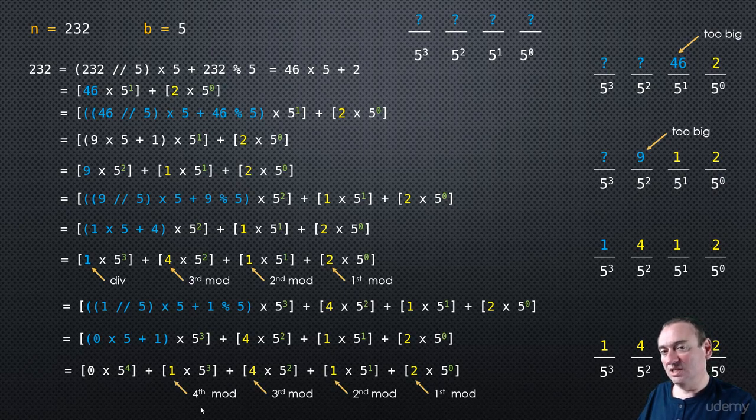So that's a little more consistent. That's good. And this 0 here in the div, we can use that as a stop. We can say, if we reach a div of 0, stop processing. We don't need to go any further. We're done.